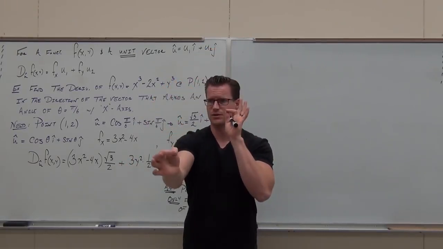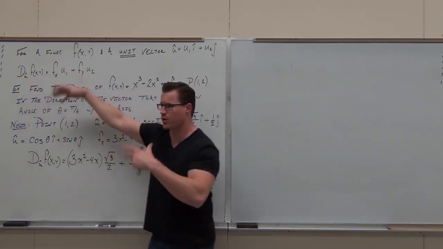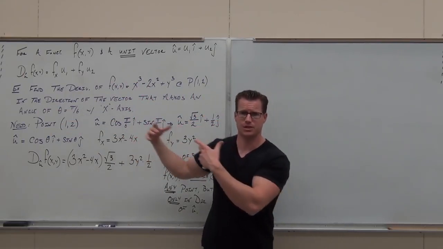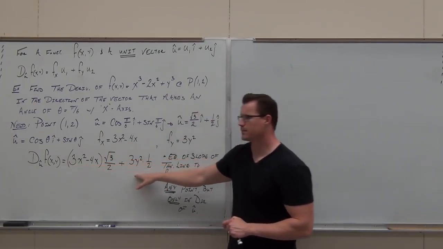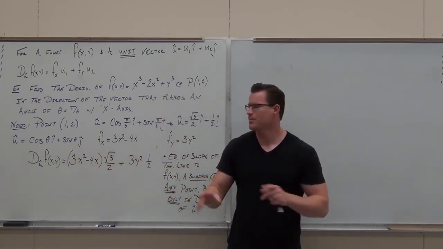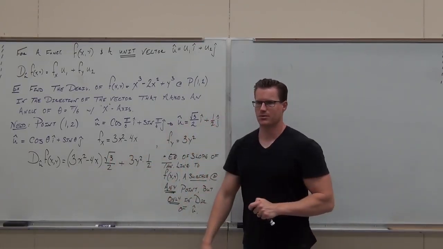It's a tangent line to a surface, but only in the direction of whatever vector I give you. Find your partials, find that vector, and put this stuff together. So we've created the equation for the slope of the tangent line to that surface at any point, but only in the direction of that unit vector.